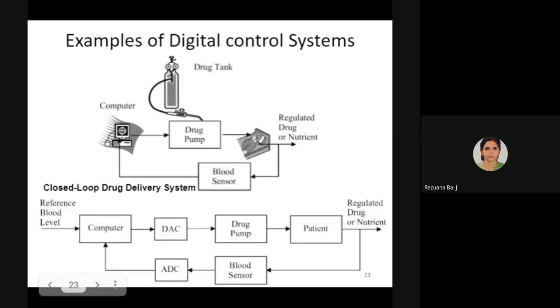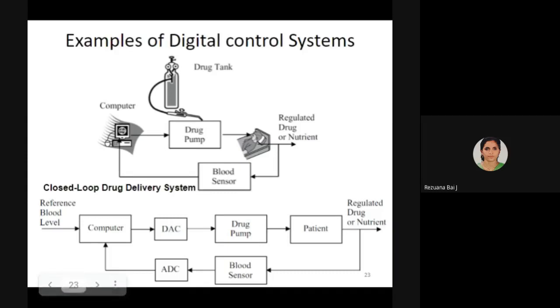This is the example of a drug control system, or drug delivery system. Drug in the sense it is the medicine or the nutrients. Okay. So we can see that, for example, chronic diseases require the regulation of patients' blood levels. For example, some diseases result from failure of the body's natural closed-loop control of blood levels of nutrients.